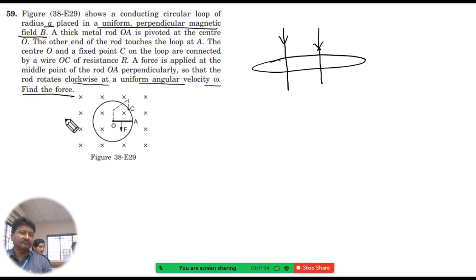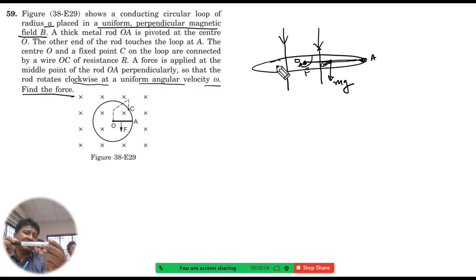Sir, I think mg will be acting, no? Mg definitely acts, but they didn't give horizontal, so you need not take that one. Because this is rod O and this is A, if this is kept like this, what will happen? This is the weight mg, and here the force we applied in this direction to move it.